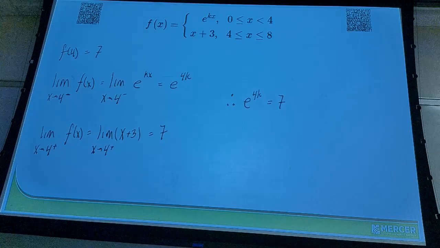How would you solve that for k? Do the logarithm. It'd be ln of 7 equals 4k. What's k? Ln of 7 divided by 4. You know what? I don't like that form.